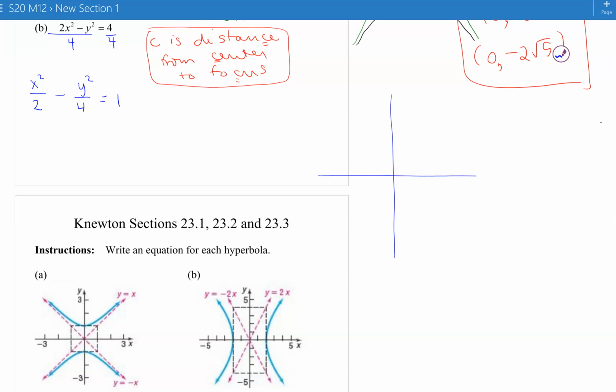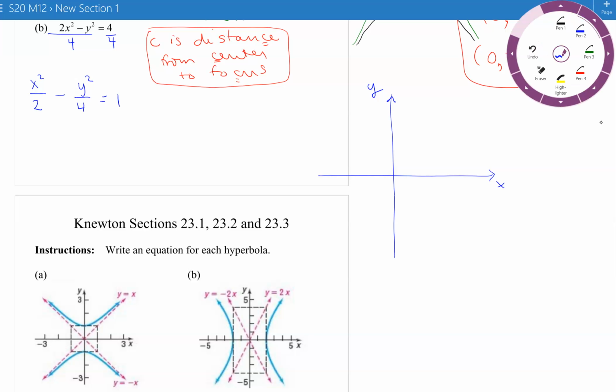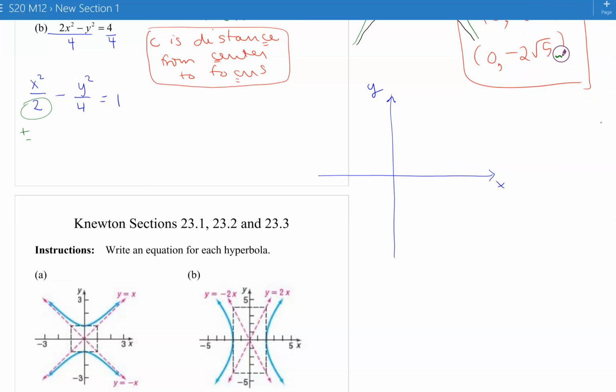So I'm going to draw my axes, x and y. My center's at 0, 0. In the x direction, I'm going to go plus or minus square root of 2, which is about 1.4, but I can show on my drawing that it's exactly square root of 2. And when the x term comes first, the points you find by going in the x direction are the vertices.